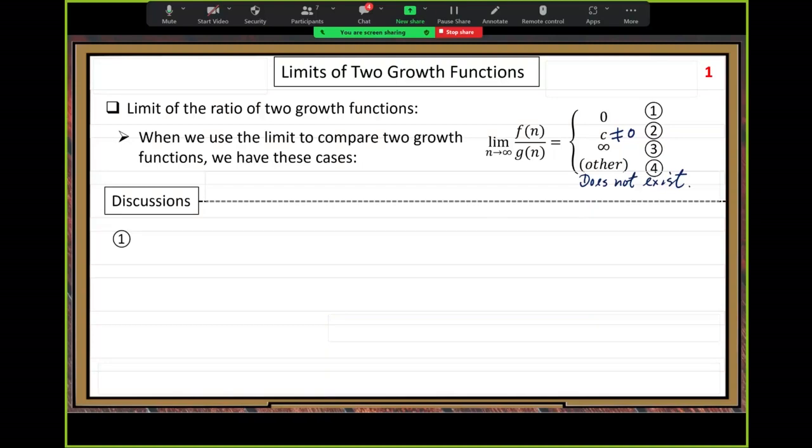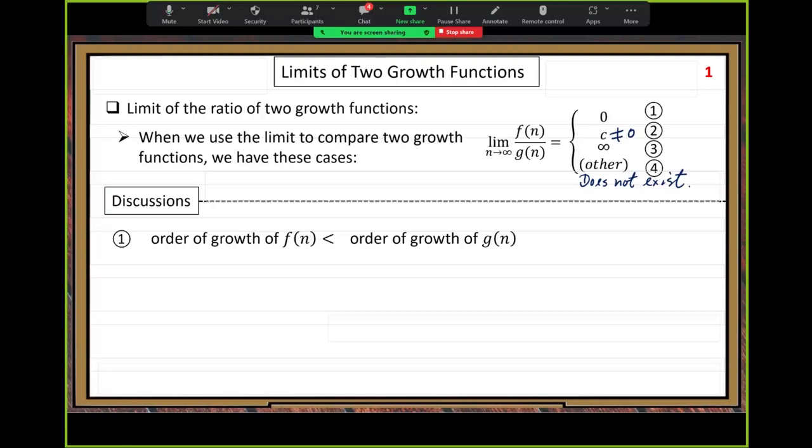So let's look at these 4 cases one by one. The first case, because the ratio goes to 0, that means the numerator function increases slower, actually much slower than the denominator function. So when n goes to infinity, the numerator function increases much slower than the denominator function.